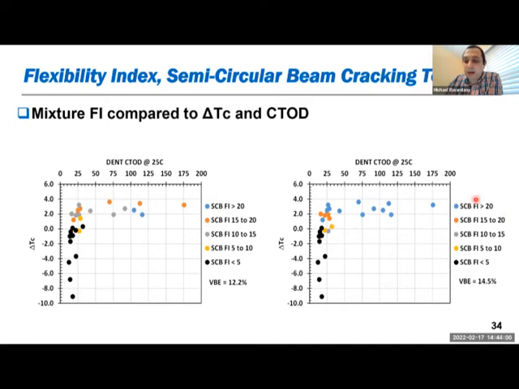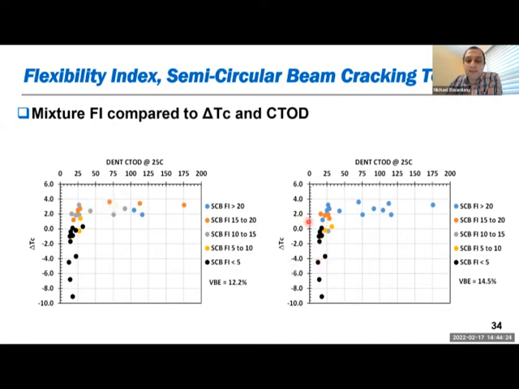Now, we use the same color coding for left and right. The difference here is that if we have binders that have very low delta TC and very low strain tolerance, adding a little bit more binder in the mix is not going to help much because those black ones are below flexibility index 5 and they stay the same.